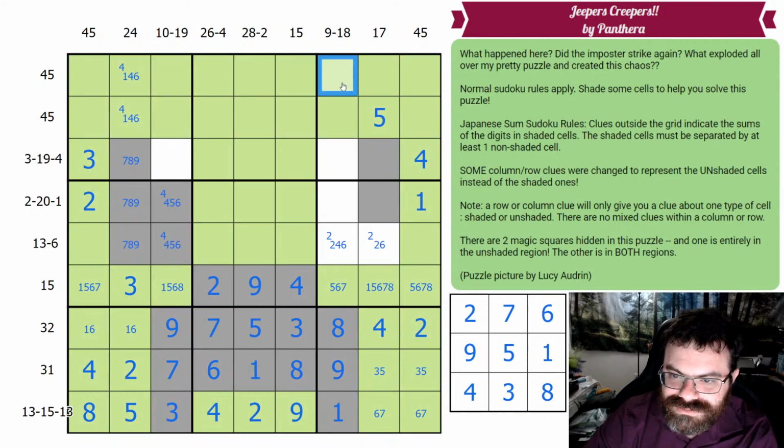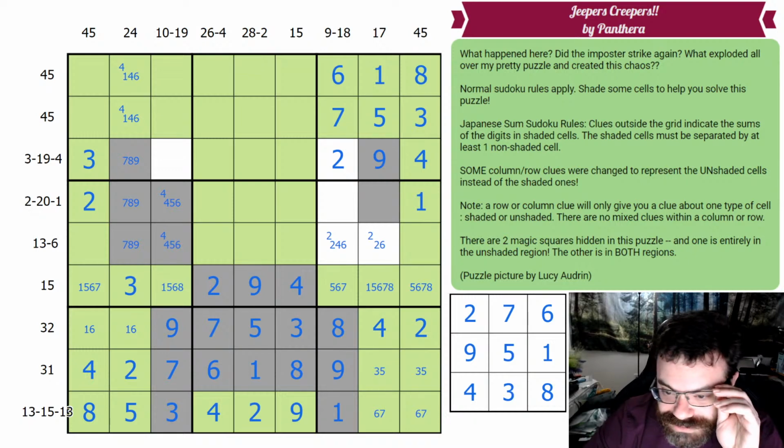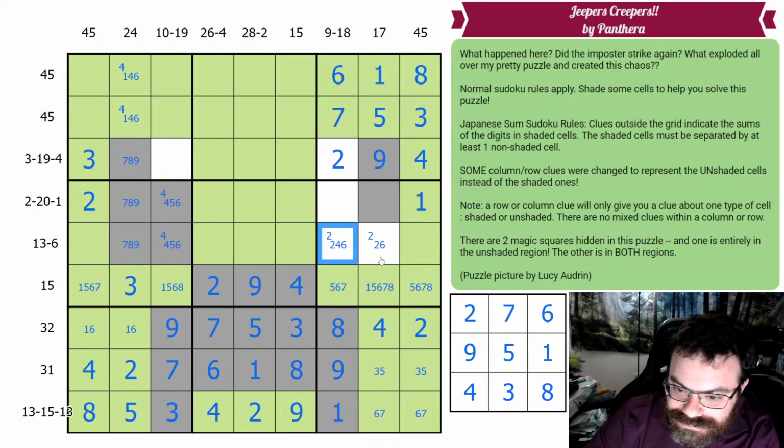So that's the center. This is 6. 2 and 8. This is the 9, 1, 3, and 7. We found the other magic square. This is 2.